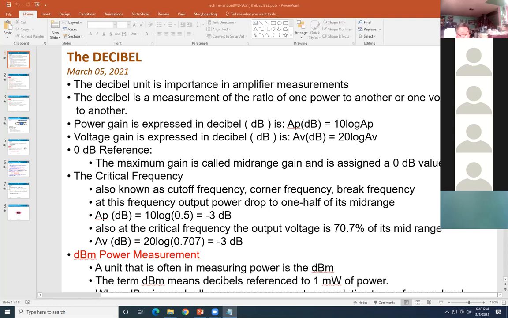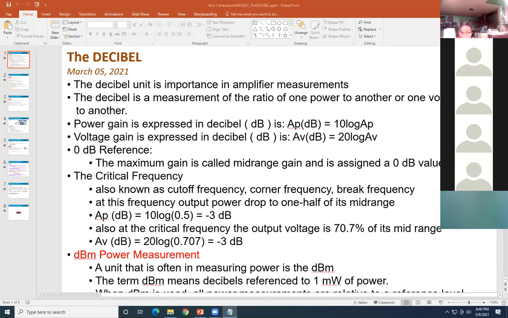If the gain equals 1, input and output will be the same. So make sure you understand, if they're talking about the mid-range, that's only telling you that at that point input and output will be the same. No loss, no gain.